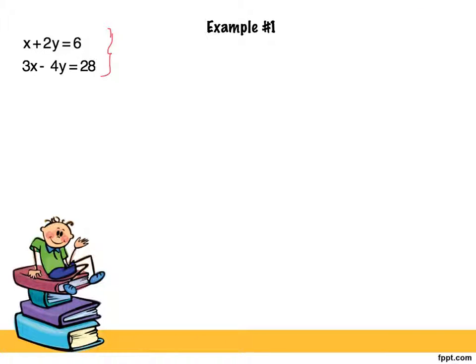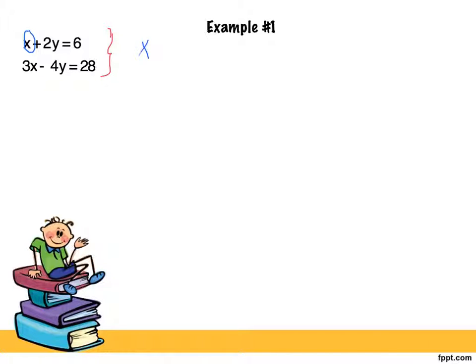In the first equation, x plus 2y equals 6, there's an x variable that does not have a coefficient of anything but 1. And that's what we want. We want the x to be alone.